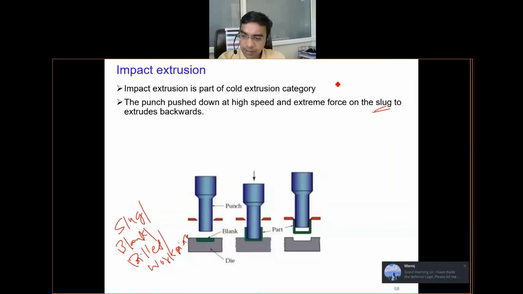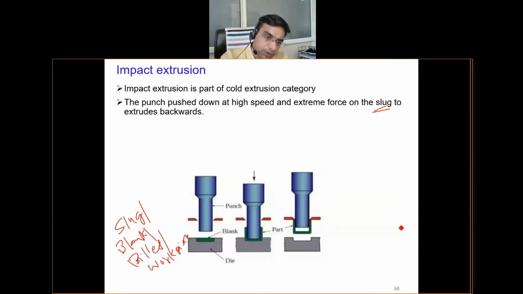What is being done in this case is the punch is pushed down, maybe under the influence of gravity, or at very high speed. So it is like an impact. Because it is impacting the slug, this pushes the slug downward, and since there is a backing die here, the material flow takes place towards the sides of this moving punch.